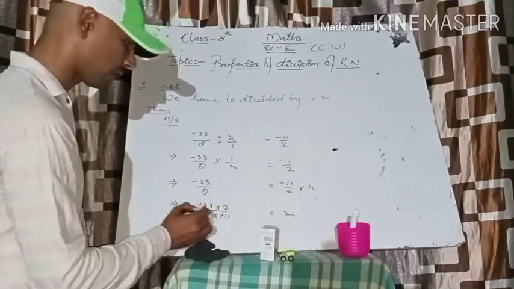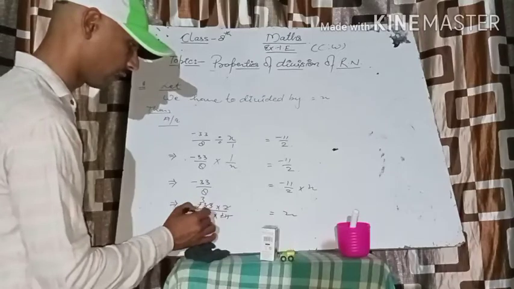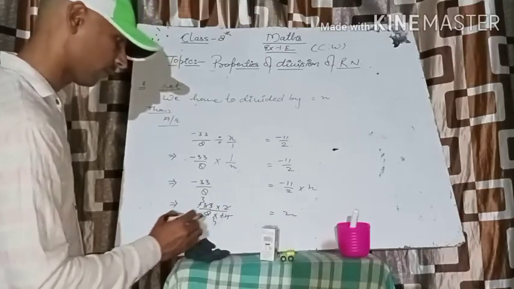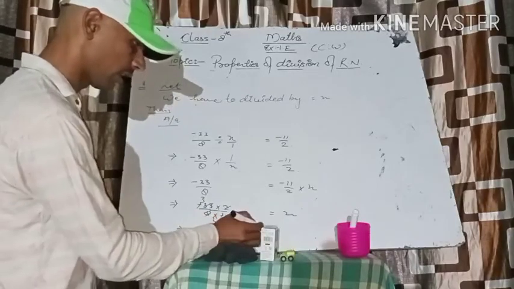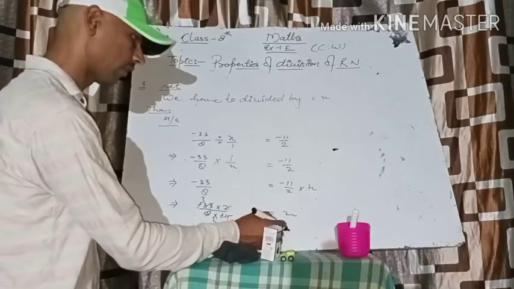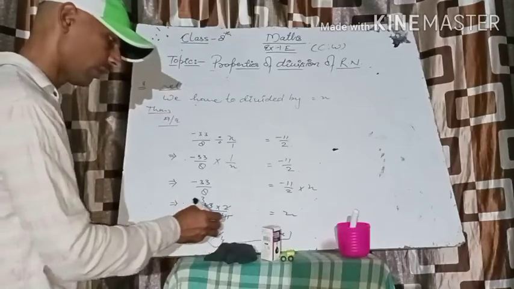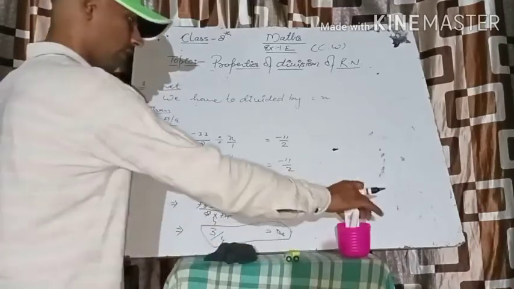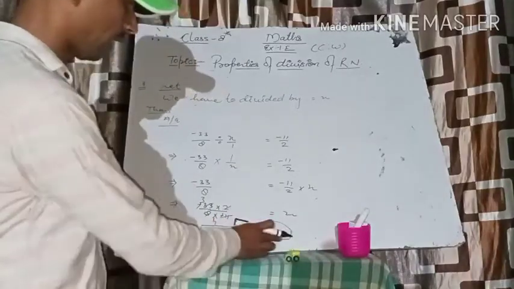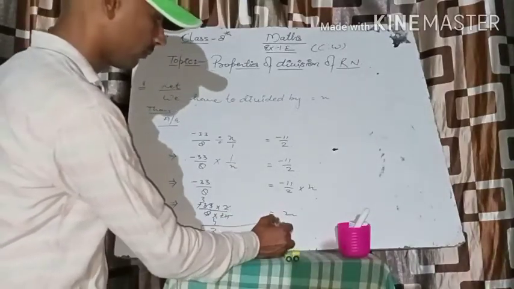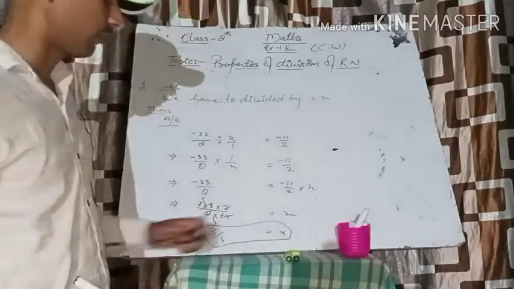So minus and minus cancel, 11 times 3 is 33, 2 times 4 is 8. Your answer becomes 3 by 4. So x equal to 3 by 4. I hope now it is visual, this is your x. x equal to 3 by 4 is the answer.